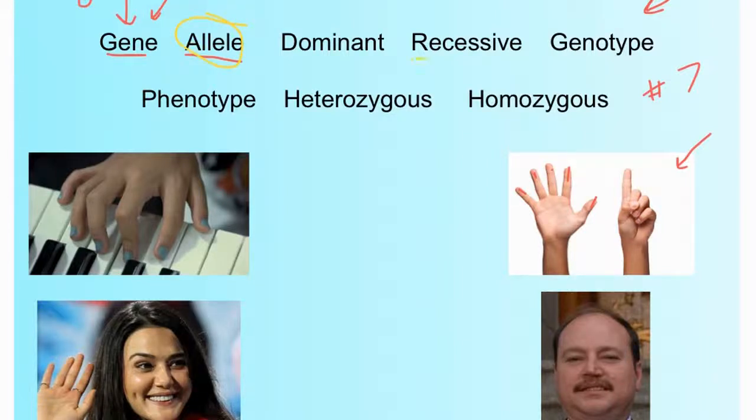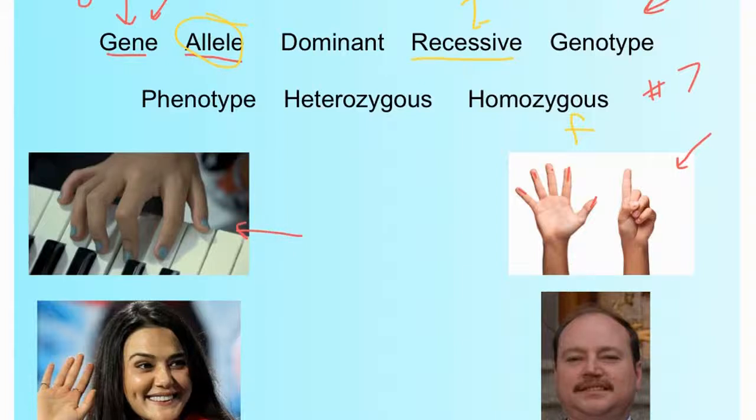Now, the 5-fingered allele is what's called recessive. That means the only way you can have 5 fingers is you have to have 2 recessive alleles. And we show recessive alleles or recessive traits with lowercase letters. We'll use an F for fingers. Now, over here, you can see this person actually has 6 fingers.